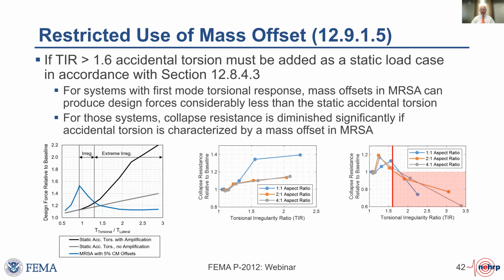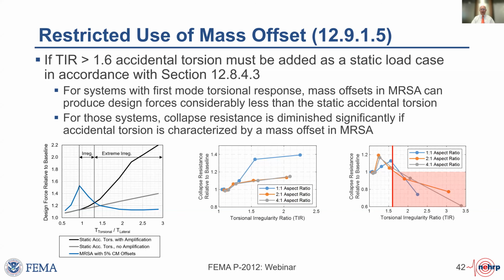You could do that explicitly in a modal analysis by moving the mass around and performing additional modal response spectrum analyses. That sounds like it's more precise, but in fact, what we find, and it wasn't just this project, past projects have found it as well, is that for some highly irregular torsionally sensitive systems, that method can actually de-amplify the torsional demand and produce collapse potential.